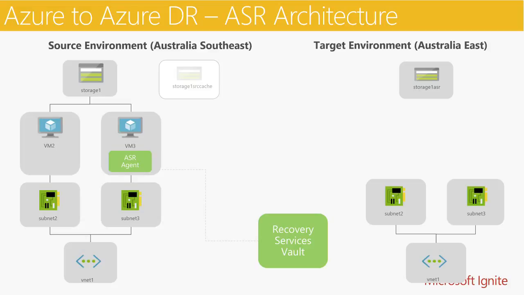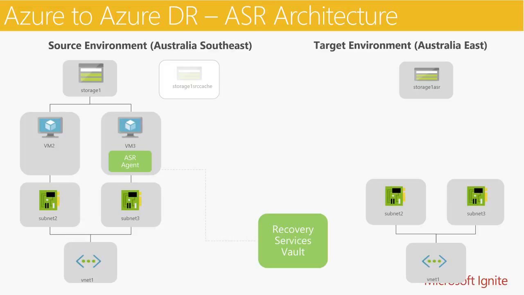Another item that gets installed on your virtual machine is an agent. This is the same mobility agent, but we can install it as an extension, so we don't need to provide any account for this deployment. It uses the Azure agent that you have on your virtual machines migrated into Azure.